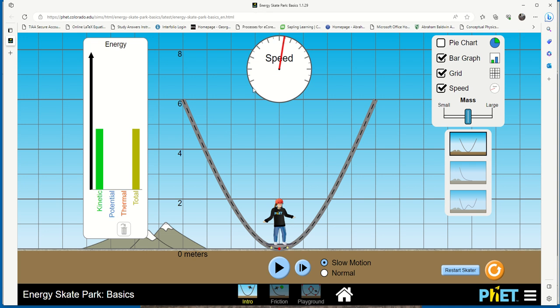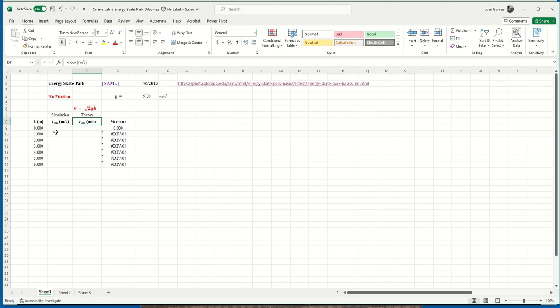Remember, that's 0, that's 2, 4, 6, 8, 10, and it looks like practically 11. It looks like it's probably 10.9 meters per second. So that's the V from the simulation. Go to the spreadsheet.